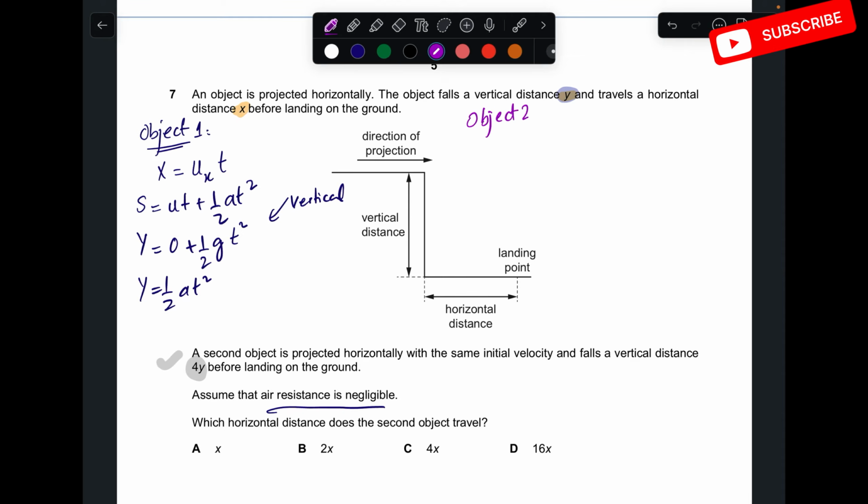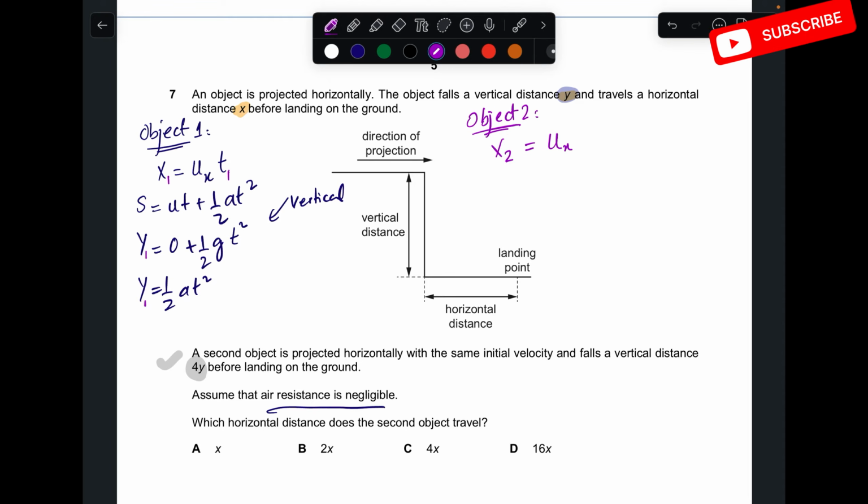For object 2, let's call it x2 and y2, as this is x1 and y1, so we have to find x2. x2 will be ux, that is the same in both cases, and let's call this time t2, and for object 1 it is t1.